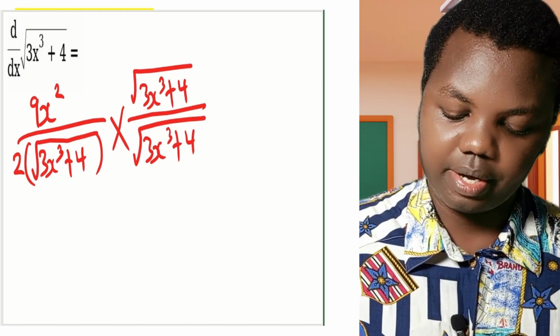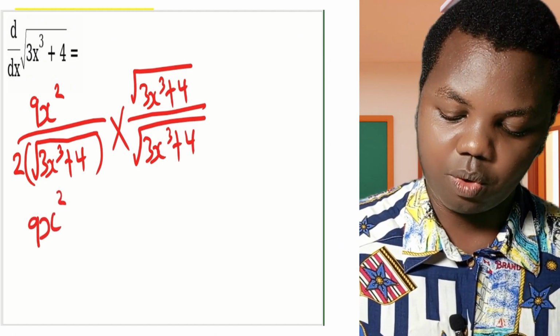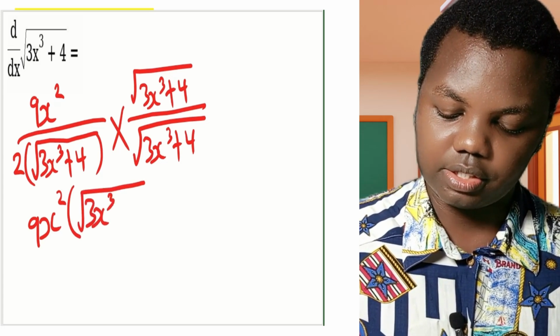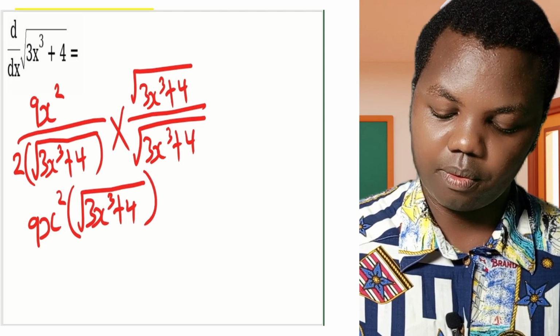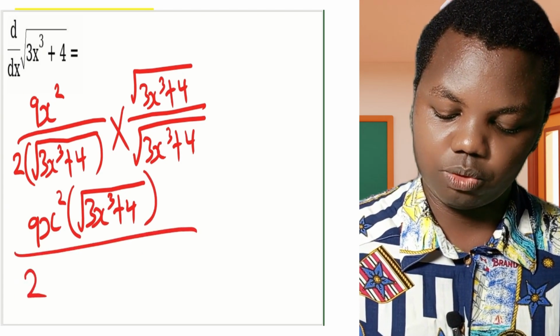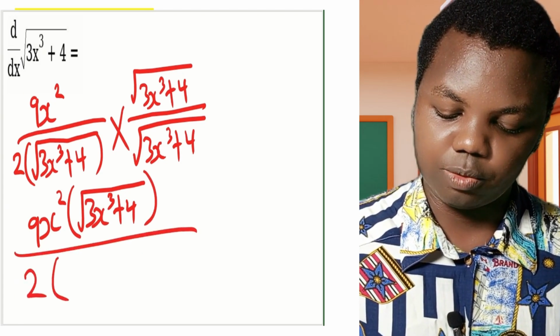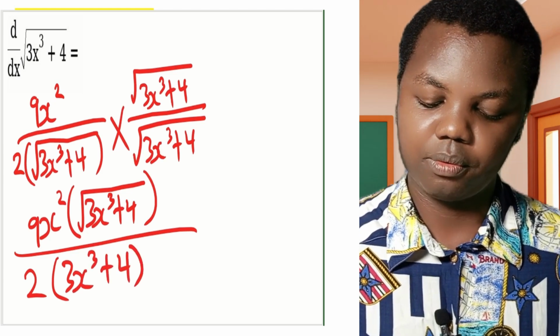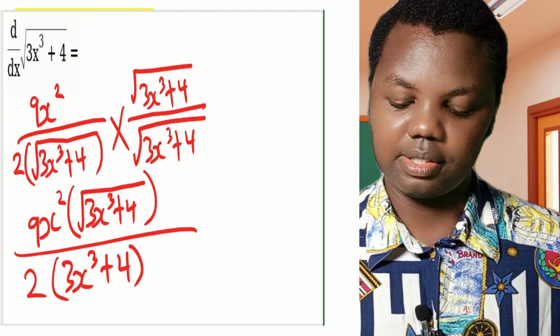So this gives me 9x squared root 3x cubed plus 4 over 2 into brackets 3x cubed plus 4. So this will be my final answer.